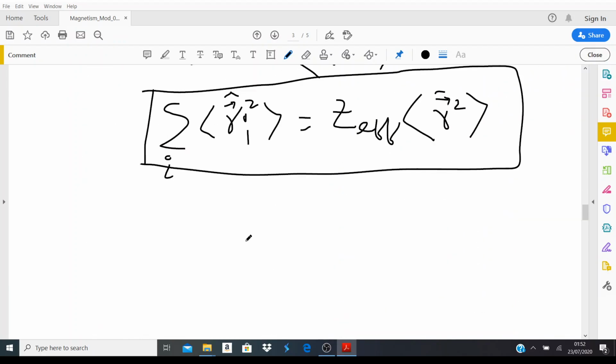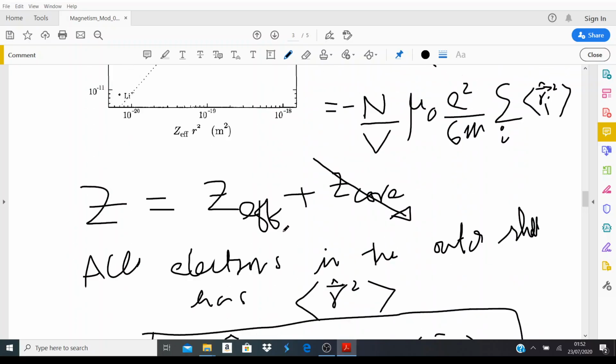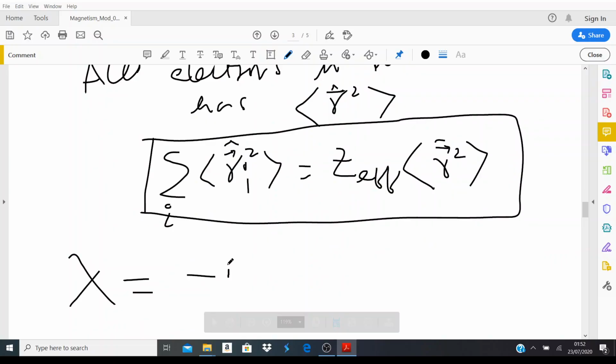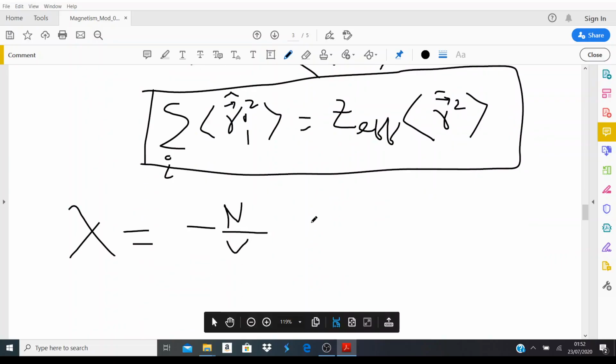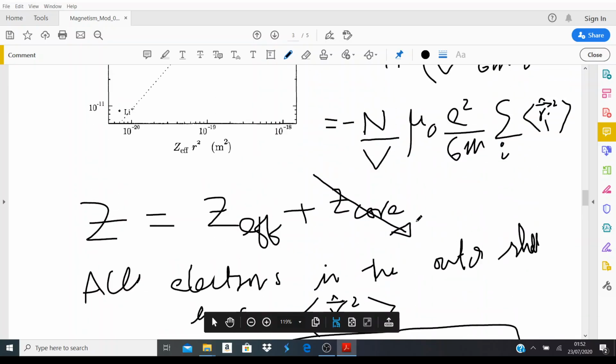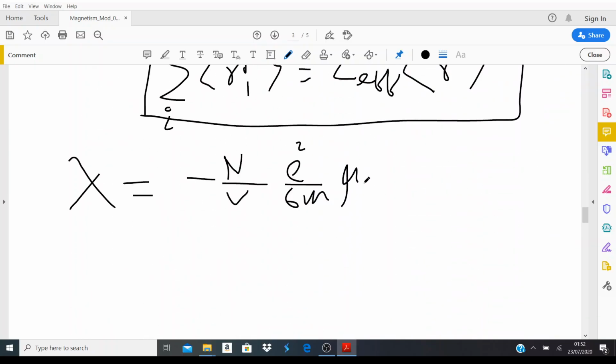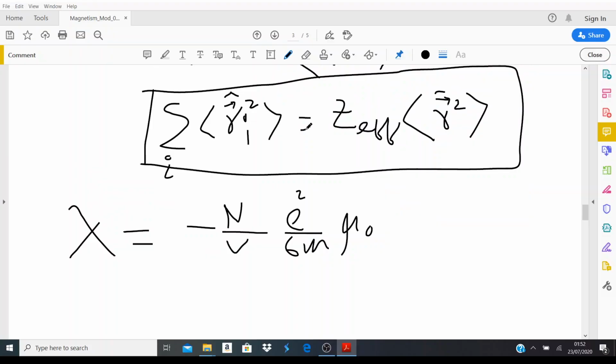Then the susceptibility expression, you can write it as, you can see we have these factors: minus n times v, then we have e squared by 6m, these are known quantities. So we have mu naught here again, and then in terms of the expectation value, we write Z_eff times r squared.